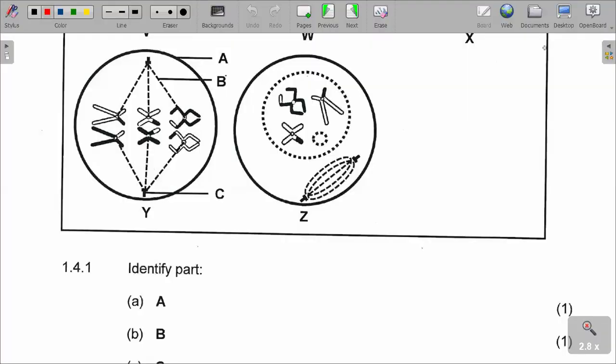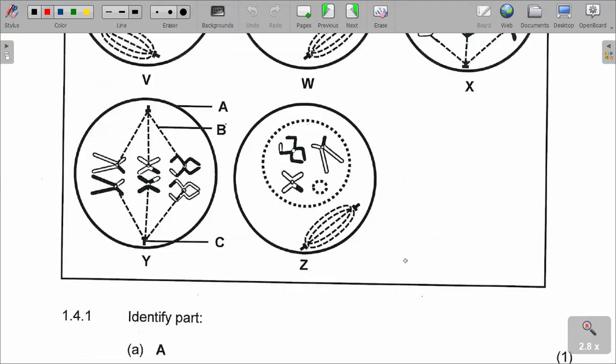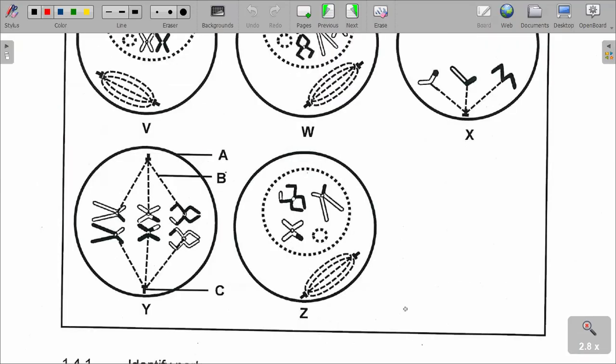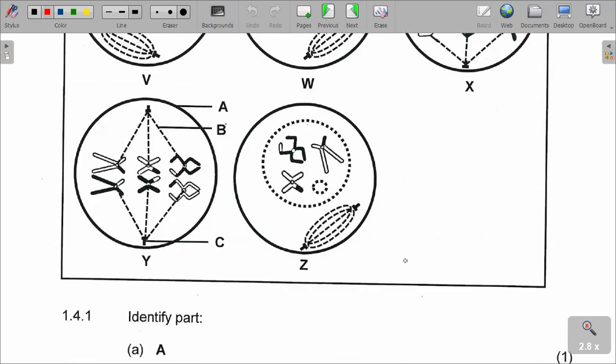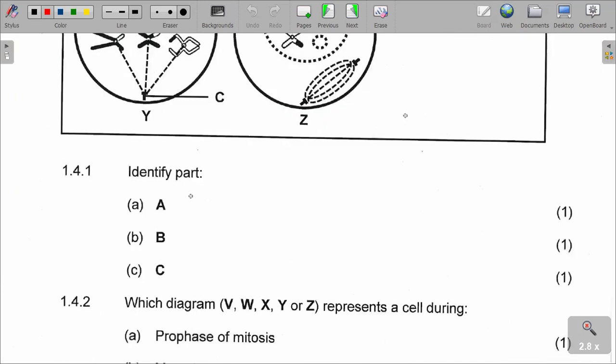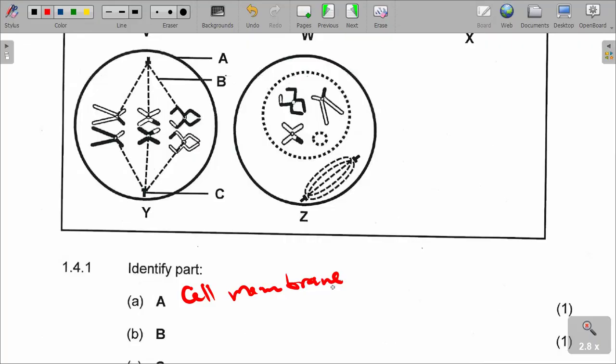Identify part A, part B, and C. If you look at this, we can see that A is the cell membrane. Part B is the spindle fibers, as you can see.